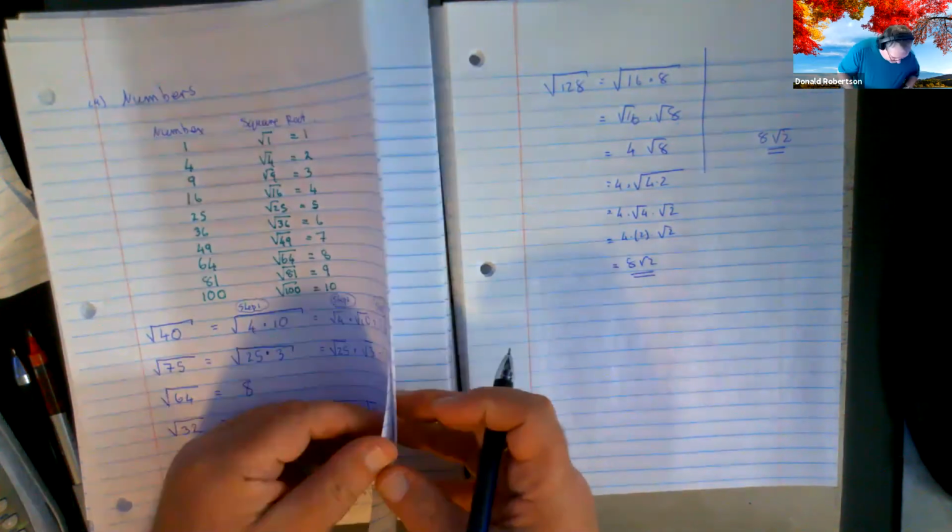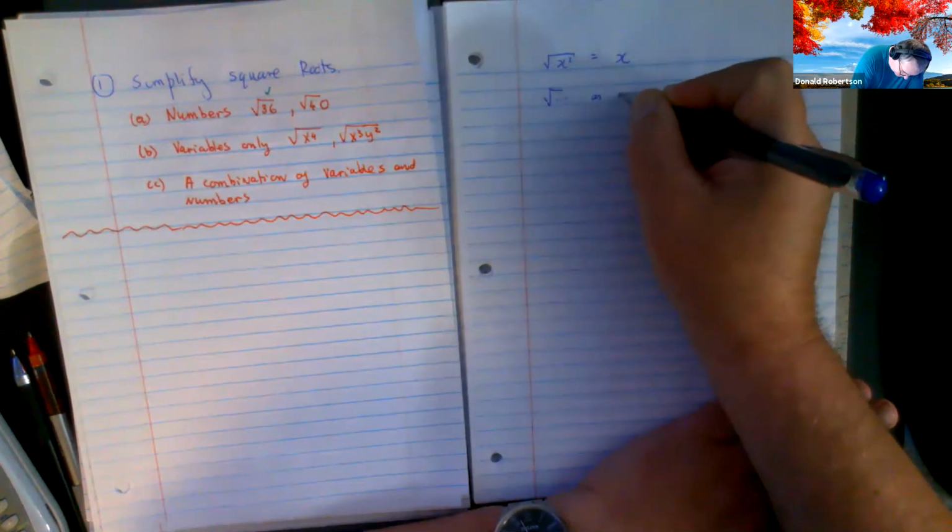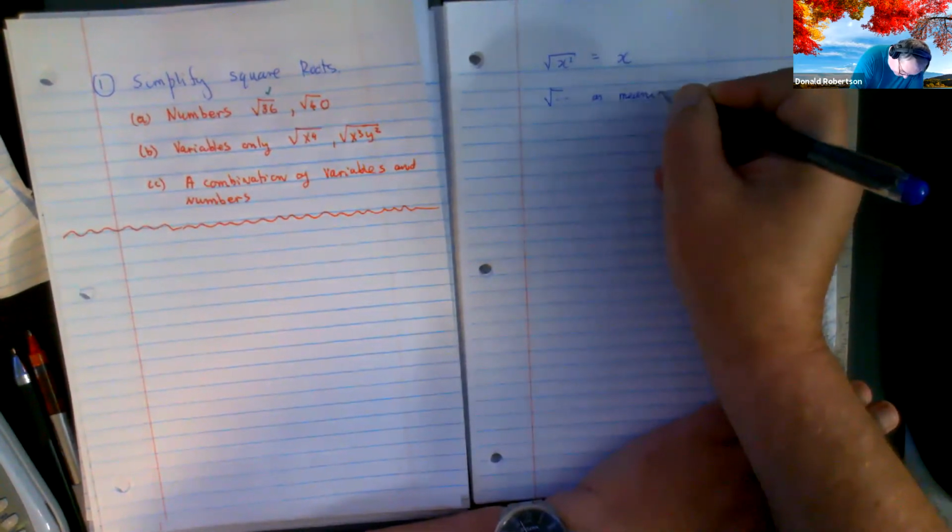So the next list is variables only. So let's start on the page for them. The square root of x squared is x. Think of the square root as meaning half the power.